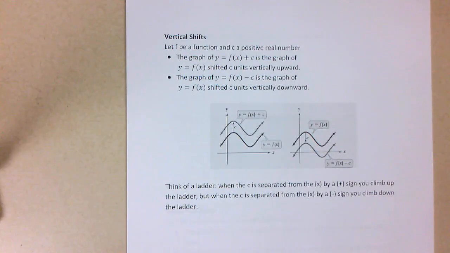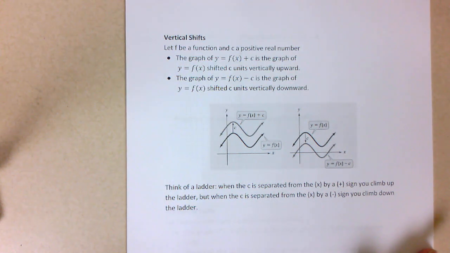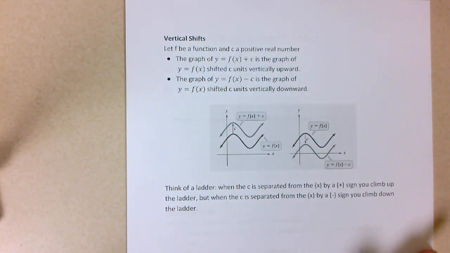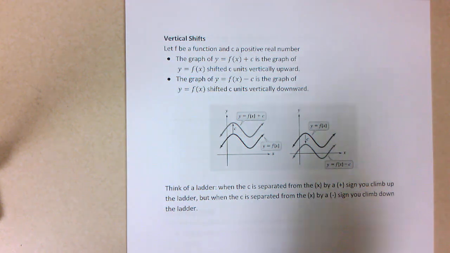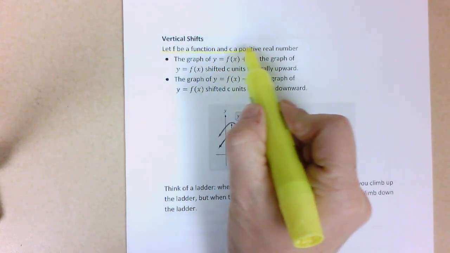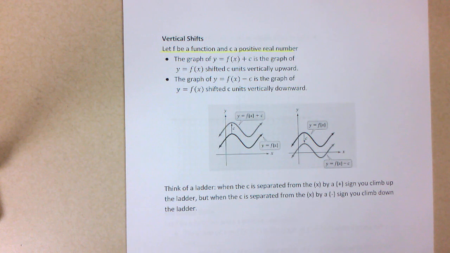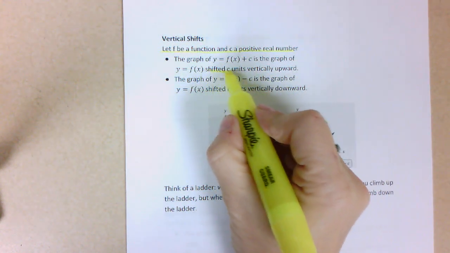Alright, let's talk about vertical shifts to start with. So let f be a function and c a positive real number. So these are the rules that we follow when we're doing shifting. The graph of y equals f of x plus c is the graph of y equals f of x shifted c units vertically.